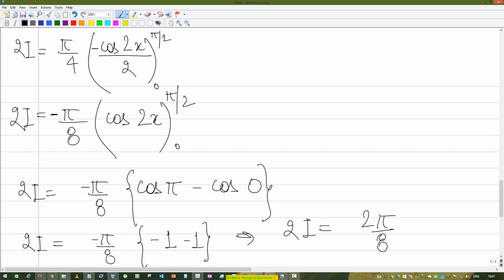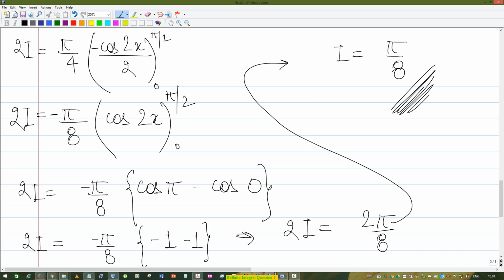And now solving it here, this I will become pi over 8, which is actually the answer. The value of I came out to be I is equal to pi over 8. So this is a very easy calculation that we started, and with a little bit of intricacies, ended up with a very simple calculation.